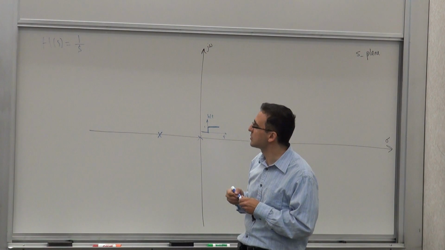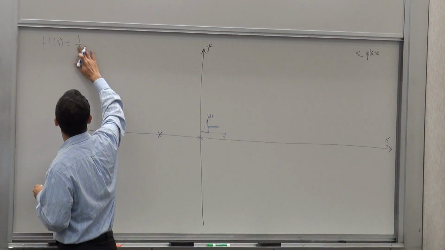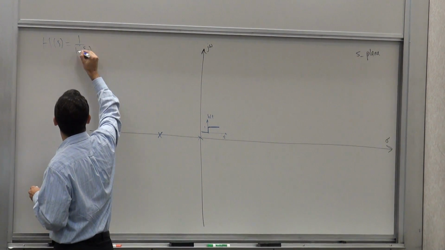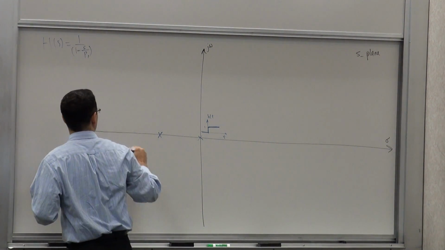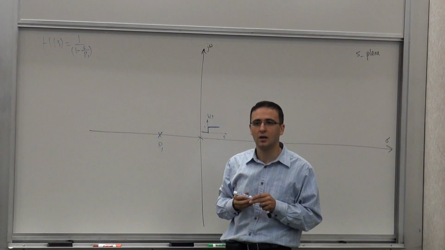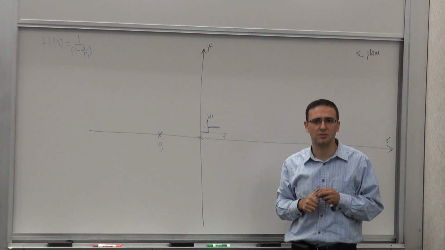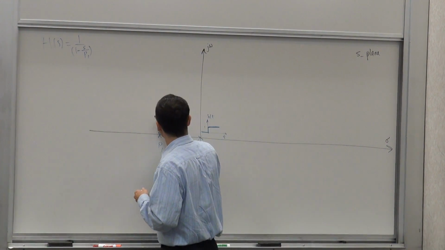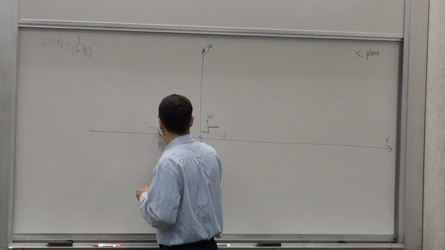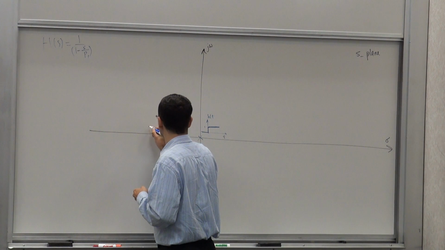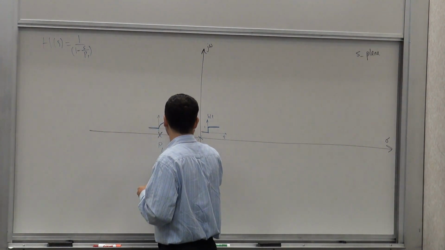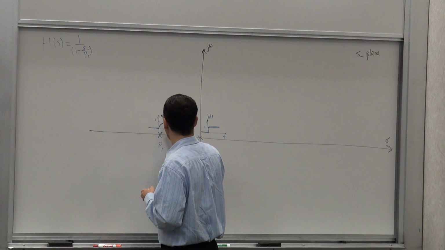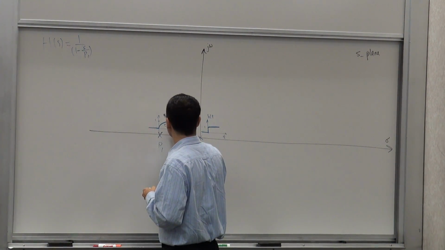Another way of writing this is 1 over s minus p1. What kind of step response do you have? You have an exponential, and it reaches 1 with a time constant tau, which is minus 1 over p1.